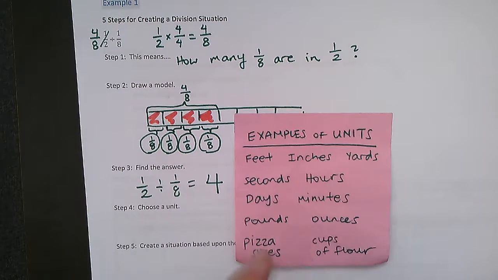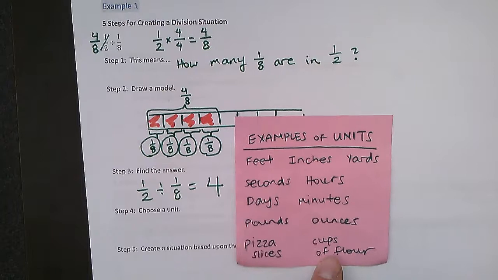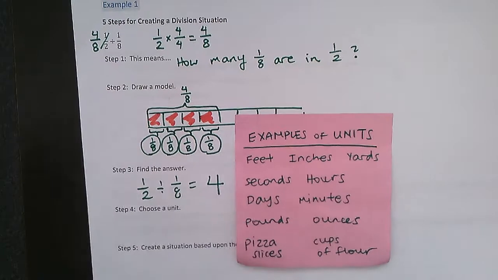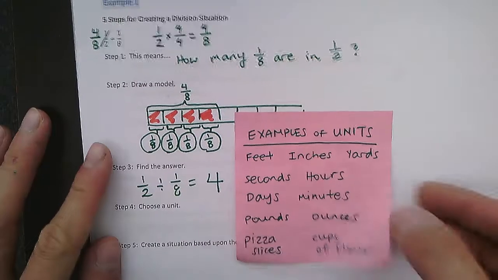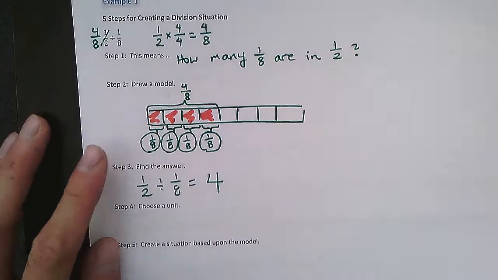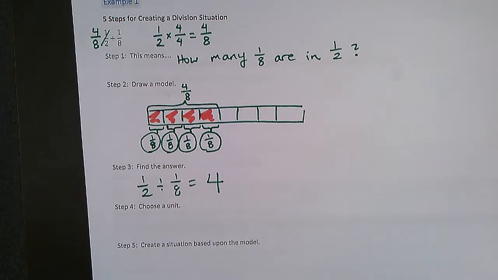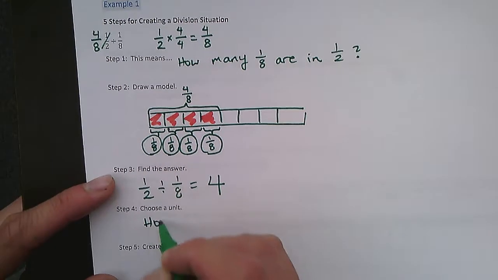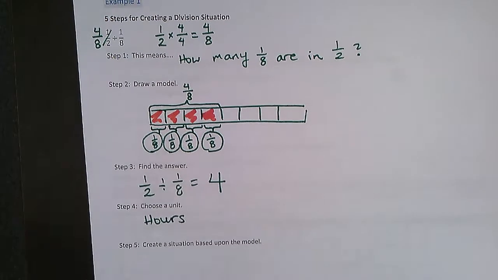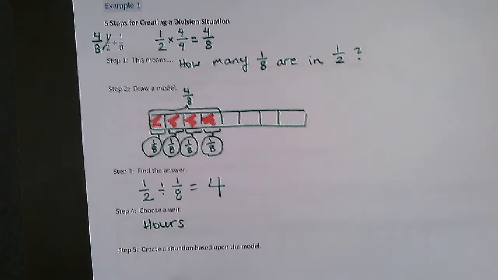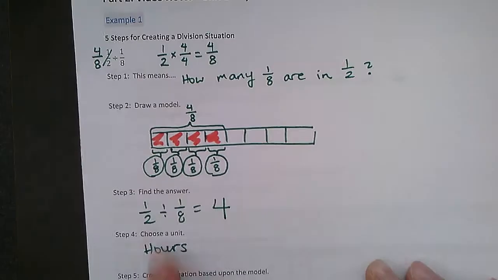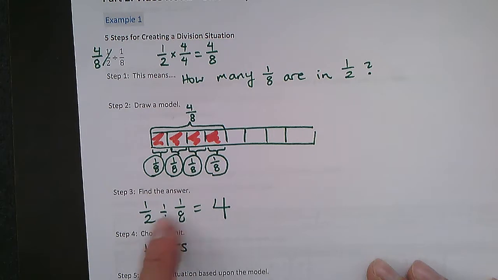Or it could even be things like pizza slices or cups of flour. Anything that you're using to measure something. So from these examples of units, I'm going to choose, let's go with hours. And now I think of what situation can I create where I have 1/2 of an hour and I'm splitting that 1/2 hour into 1/8 of an hour.